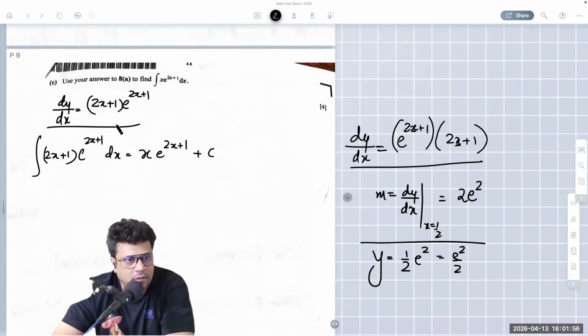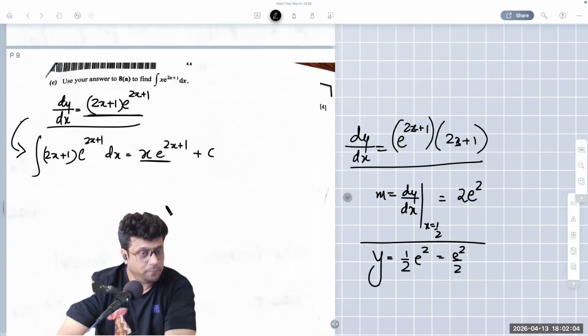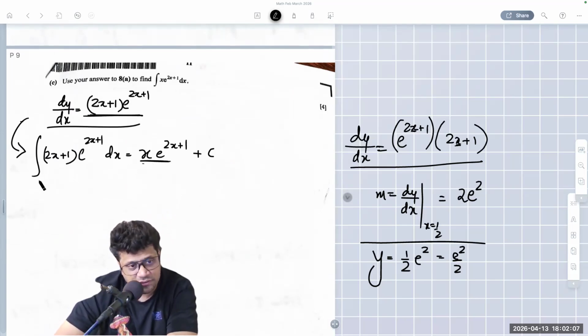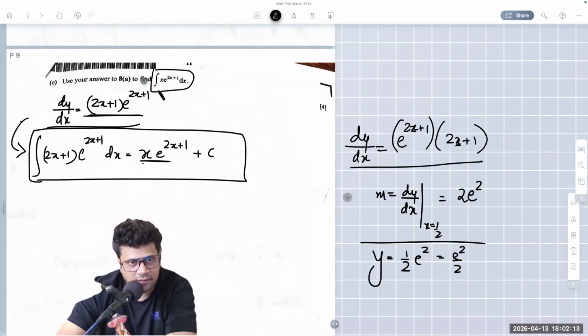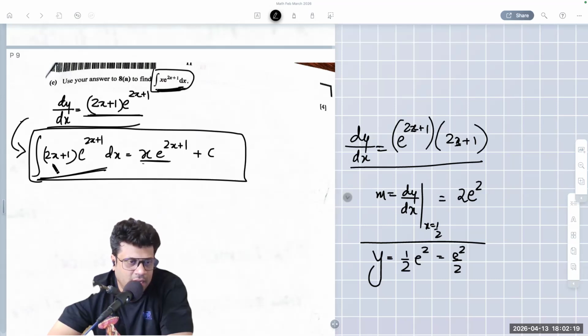Using integration as the reverse of differentiation, I know that this derivative integrated is y. That is what I'm going to use, so I'm going to have to isolate this from this. We are going to separate them into different terms there.